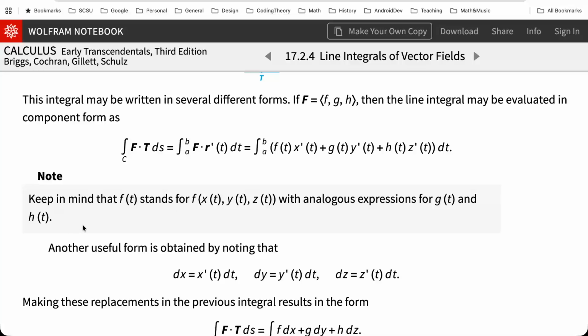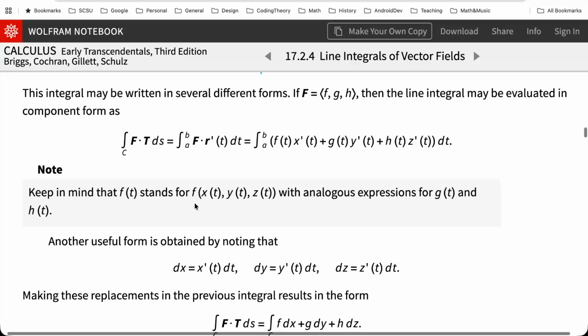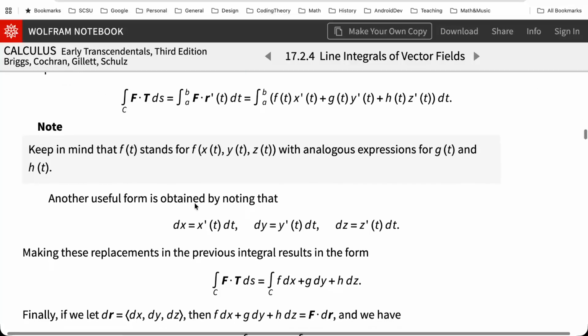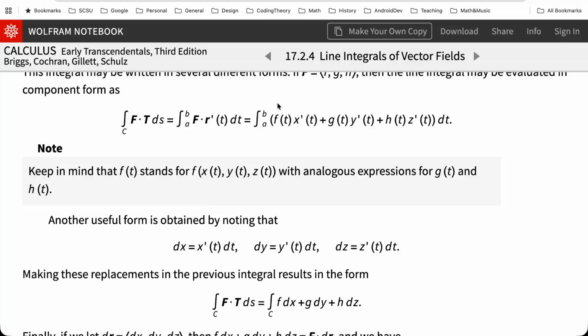This note is supposed to tell us what's going on. When you figure out f at t, what you're really doing is figuring out x of t, y of t, and z of t, and feeding them into the function that gives you that x coordinate for the vector field. It is a pretty reasonable shorthand to write it that way.